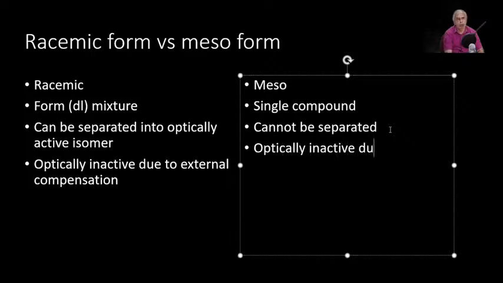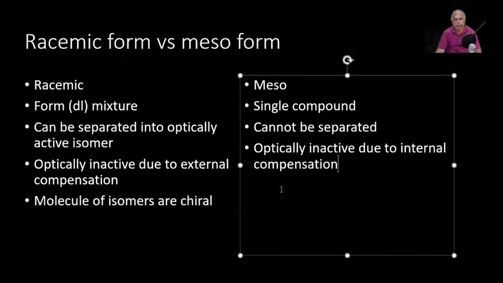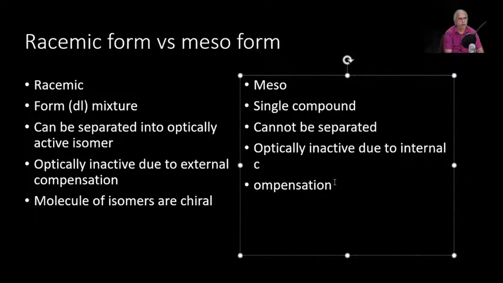Why? Due to internal compensation. The molecules of the isomers are chiral, whereas here they are not chiral.